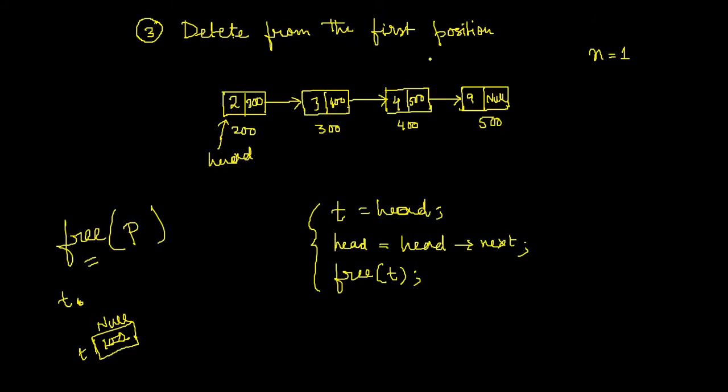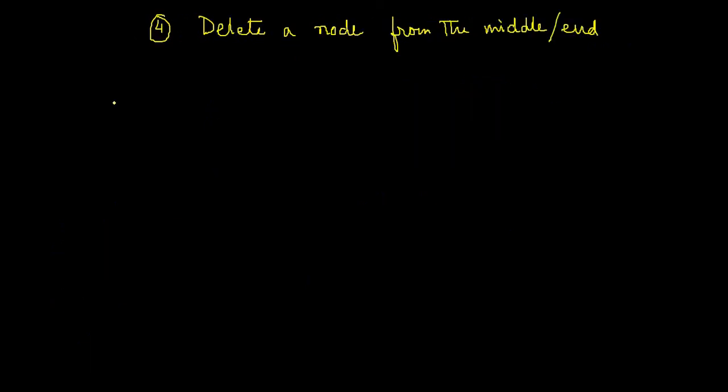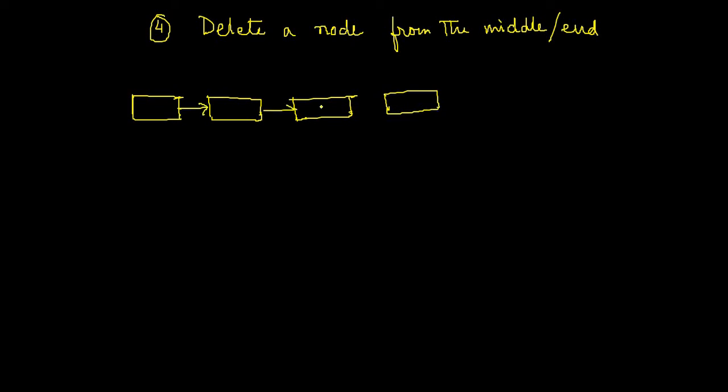So let's see. After deleting, the linked list is something like this. Let's draw it here again. We will work on the same linked list, so that means 4 nodes left. Obviously, they are pointing to each other.